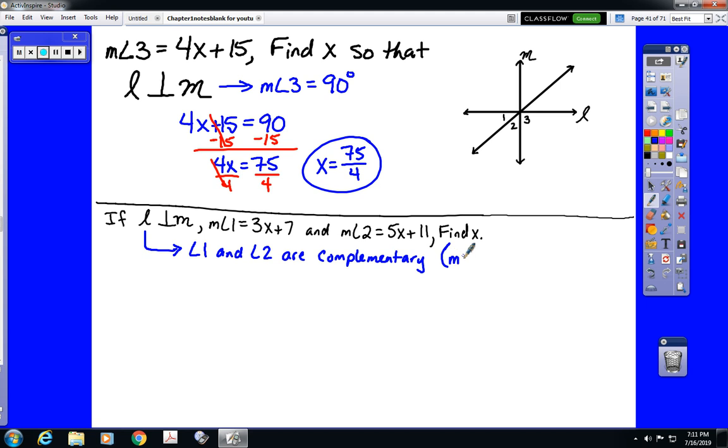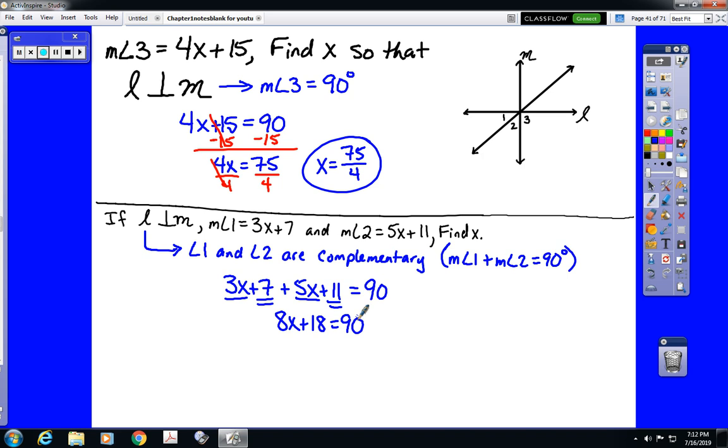So we're going to say the measure of angle 1 plus the measure of angle 2 is 90 degrees. So we say the measure of angle 1, 3x plus 7, plus the measure of angle 2, 5x plus 11, equals 90 degrees. Combine like terms. 8x plus 18 equals 90.